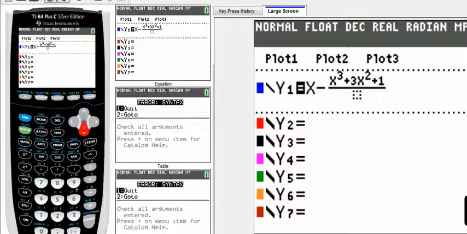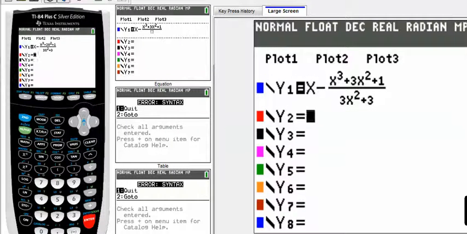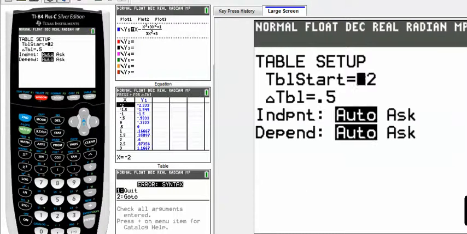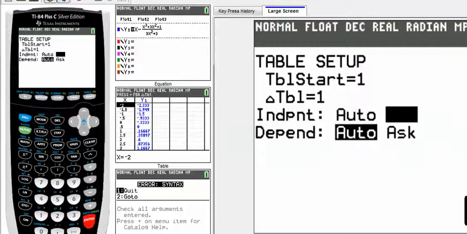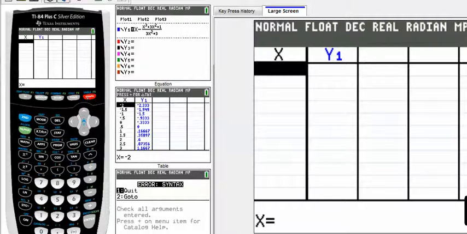And on the bottom is the derivative, so 3x squared plus 3. And I go to table, and I start at, who cares, 1. And who cares, because I'm going to make this independent and ask. And then I go second table, and we put in, we said we were going to guess negative 0.3.